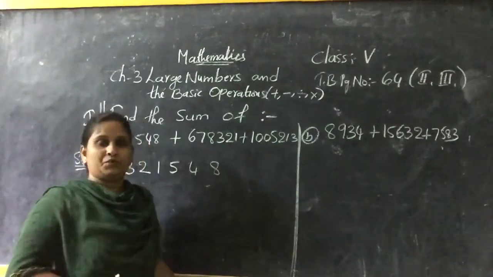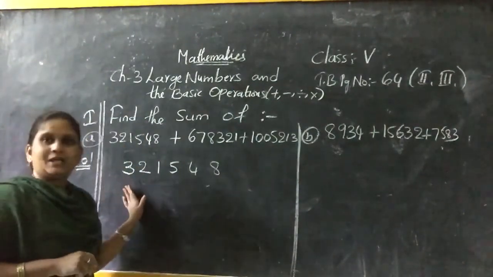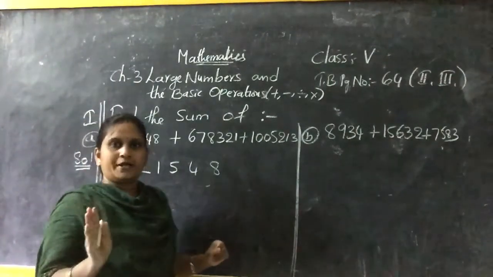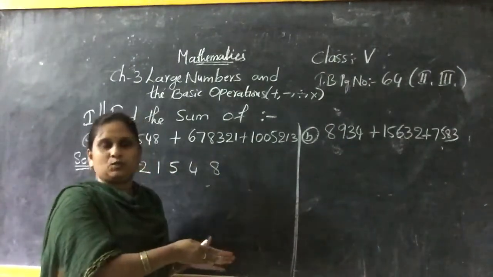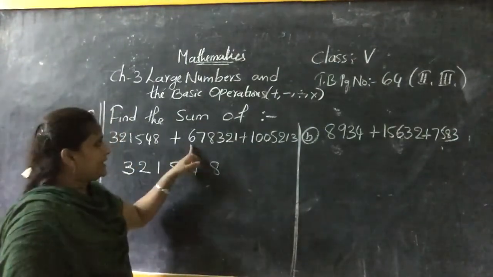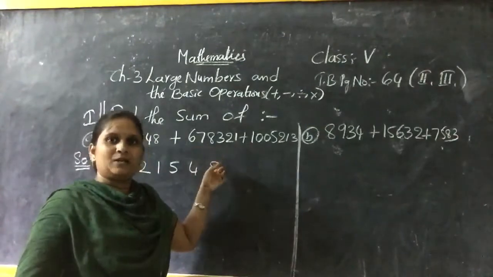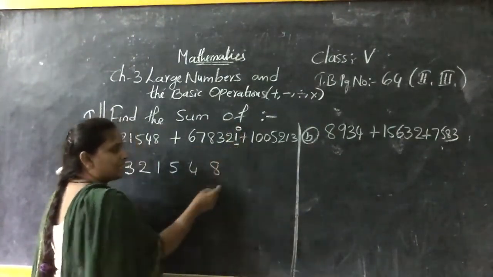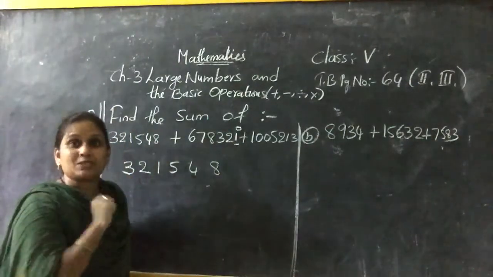Many of you copy the second number starting from the 3 onwards, but you should not write like that. To follow the perfect place value, for the second number, start writing from the ones place onwards. Then you will not miss the place value.